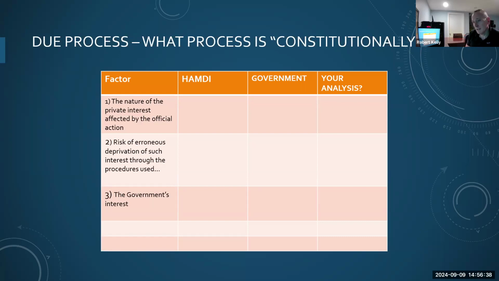You're not an advocate in this case. You're the Supreme Court. So what do you think Mr. Hamdi's best arguments would be under that three-factor analysis? What is the nature, for example, of his interests that are affected? What is the risk of erroneous deprivations of that interest through the procedures that the government is using? And then balance that against the government's interest.